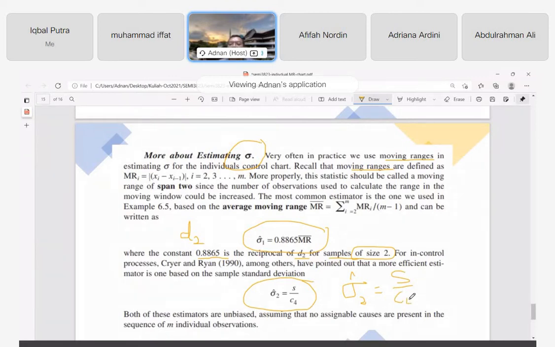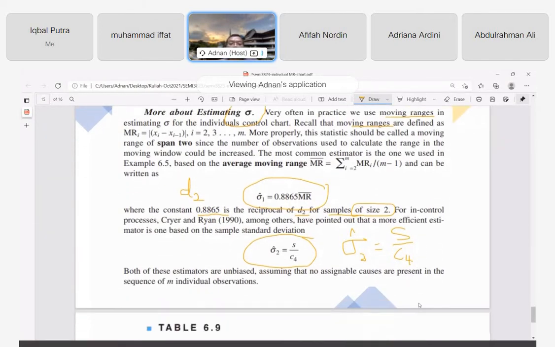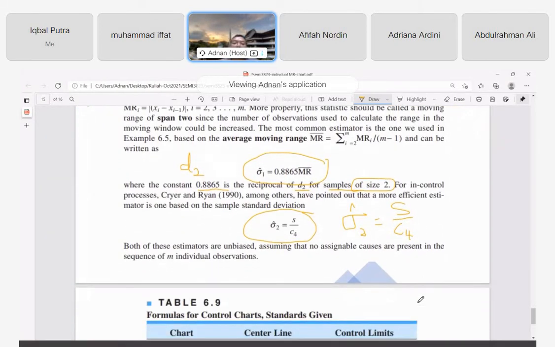So it is a different way to estimate the process standard deviation. Both estimates are unbiased, assuming no assignable causes are present in the sequence of n. So you can use this way or this way to estimate the sigma of the process.